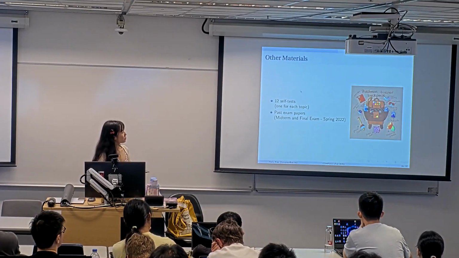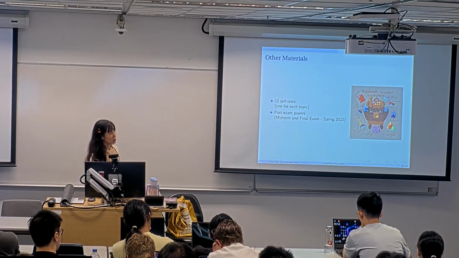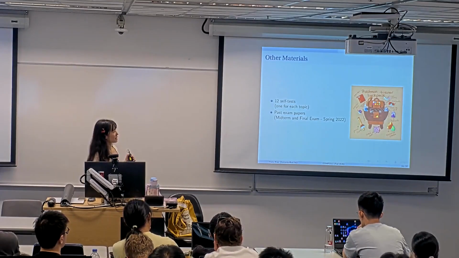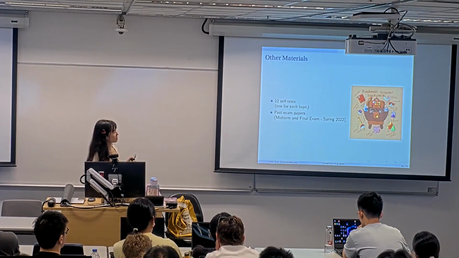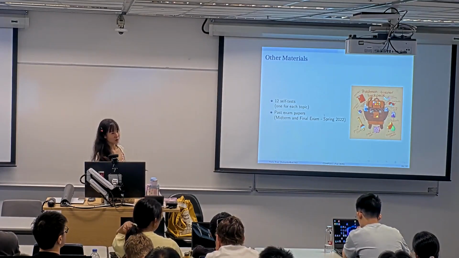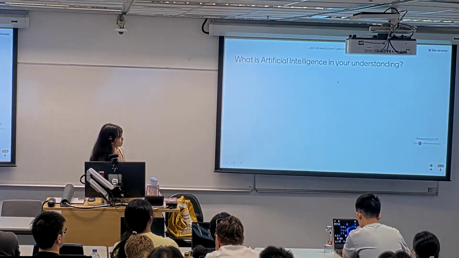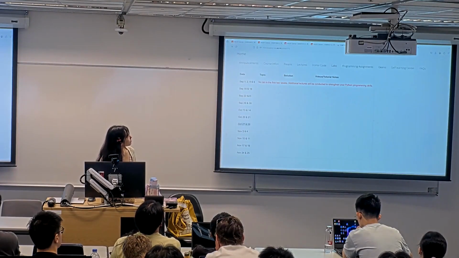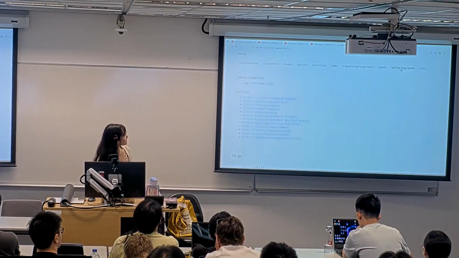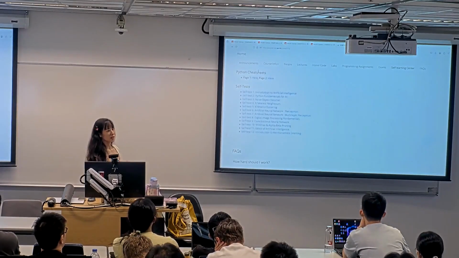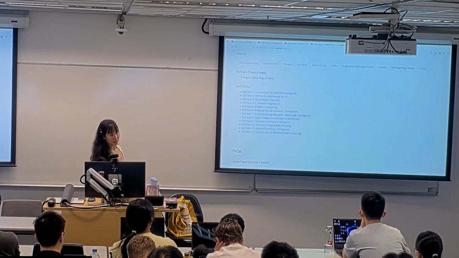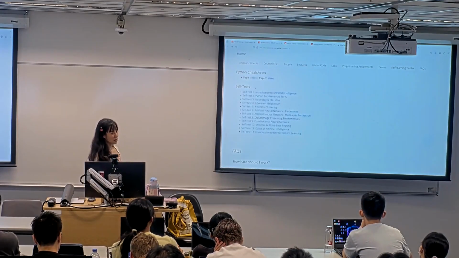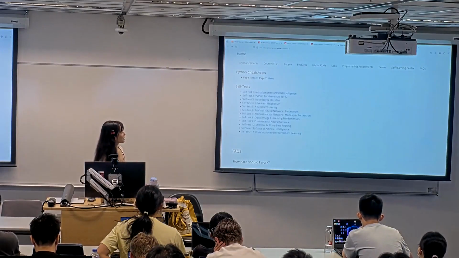Other materials, we provide 12 self-tests, one for each topic. And we will provide you with some past exam papers, specifically from the spring 2022 midterm and final exam. If you go into this, you will find that this is the self-learning center. If you want to do some self-tests, you are welcome to check here. Like maybe after each class, you can just try whether you can solve the problems in this self-test.